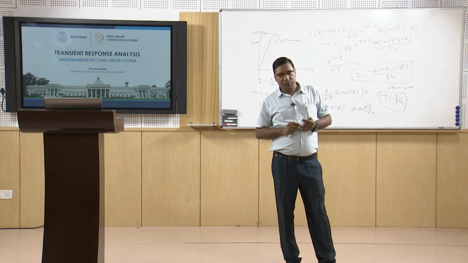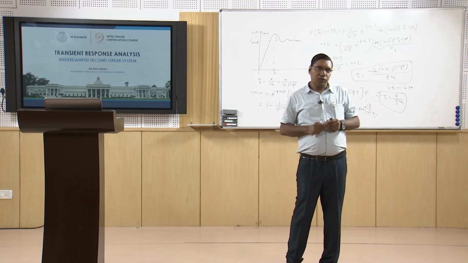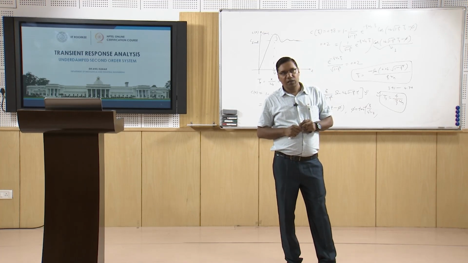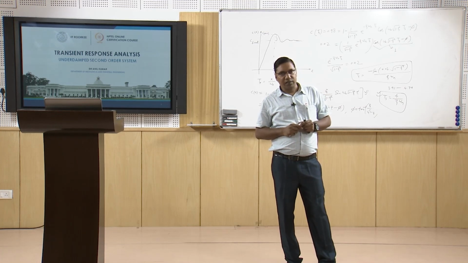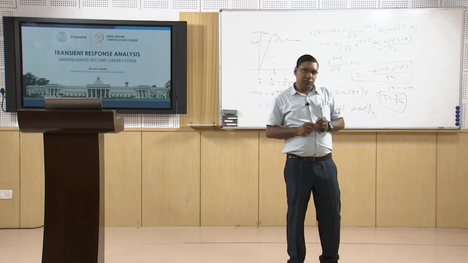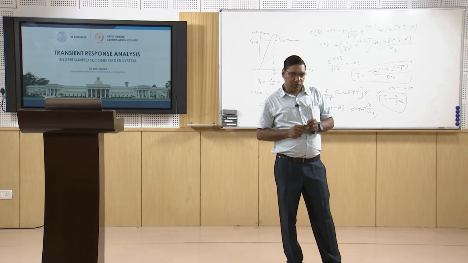So there is peak time, percent overshoot, settling time, and rise time. These are the specifications that we can demand when we design this second order system, that is, what value we want for these specifications, and we can design our system.